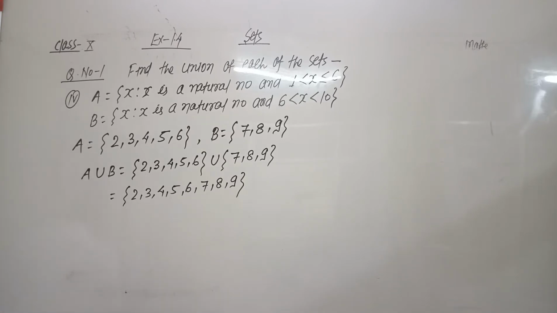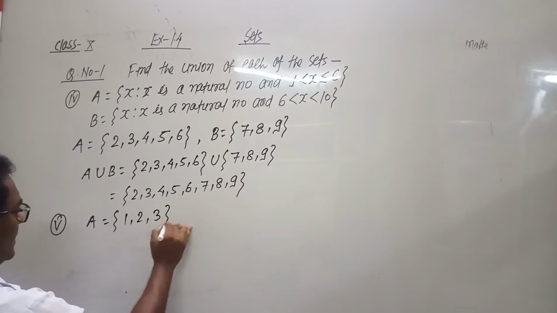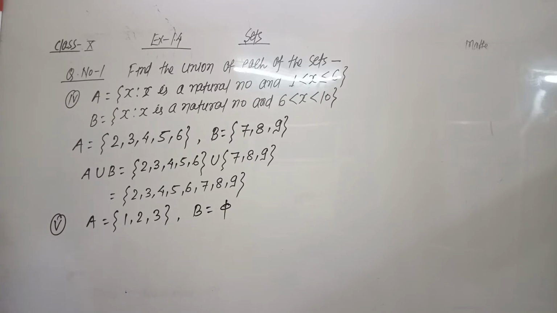Now the next part, the fifth part. Set A equals 1, 2, 3, and set B equals 5.